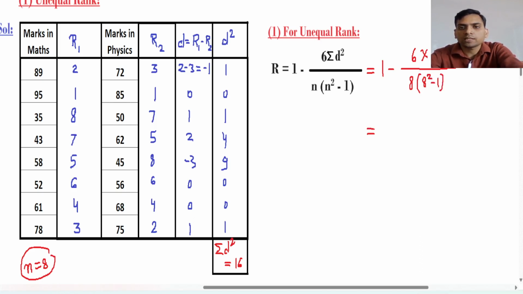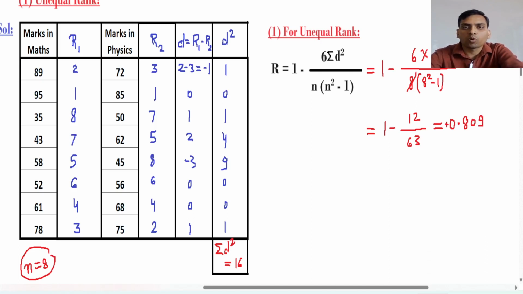So you will see this as 1 minus, in the numerator, 6 times 16 is 96, and in the denominator 8 times 63, that is 8 times 64 minus 1, which is 63. So on solving this you will get the answer 0.809, or simply we can write this as 0.81 also.